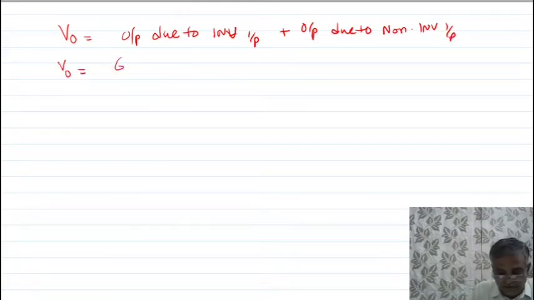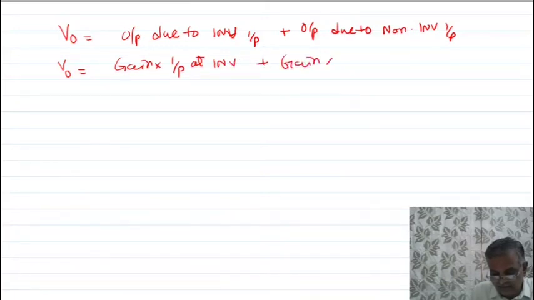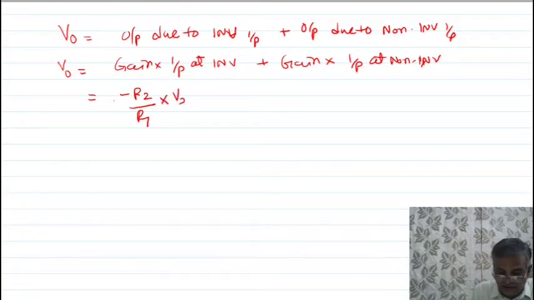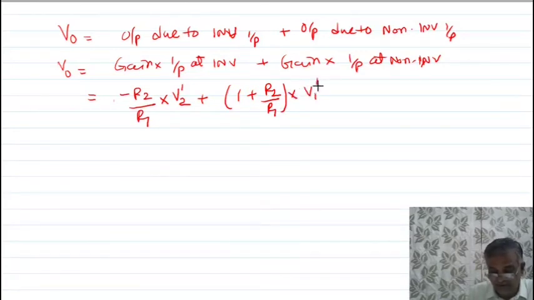VO is the gain multiplied by the input at the inverting terminal plus the gain multiplied by the input at the non-inverting terminal. The gain is clear, you know: minus R2 by R1 multiplied by V2 dash, plus 1 plus R2 by R1 into the input at V1 dash into R2 upon R1 plus R2.